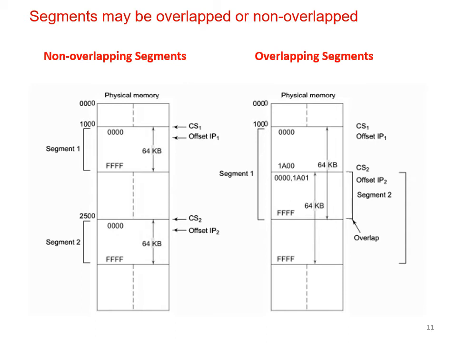Corresponding to each segment, like the data segment and code segment, you have different offset registers. For the stack segment you have an offset register, etc. Like that you will be calculating the effective address, that is, how far you have to move.